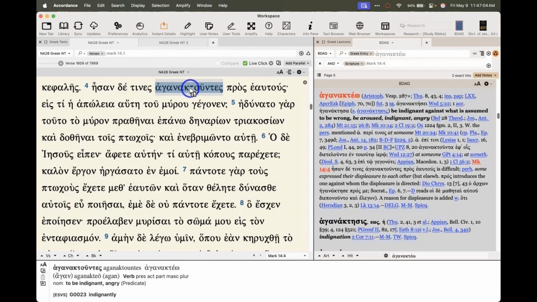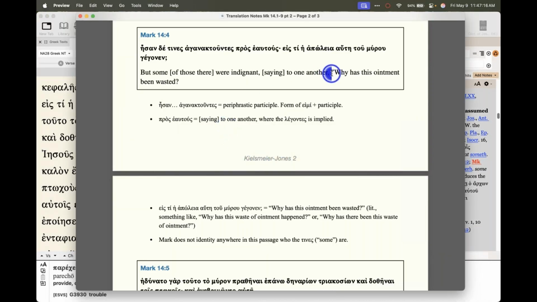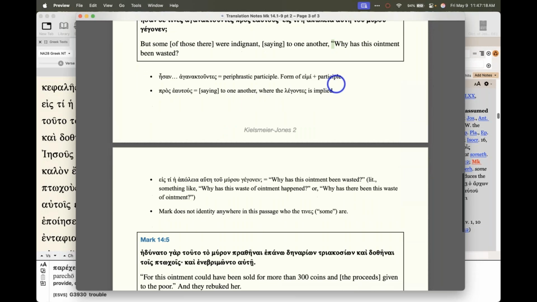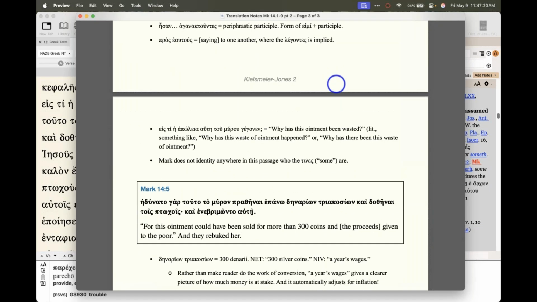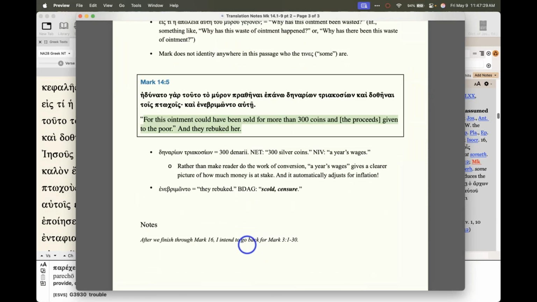We've seen examples of both in Mark, but this is interesting here that the indignancy in this meaning has to do with what is assumed to be wrong. And in fact, they are going to elaborate on this. Why has this ointment been wasted? We are indignant because that was wrong, because what is right is what's coming up in the next verse, which we're going to get to in just a moment.